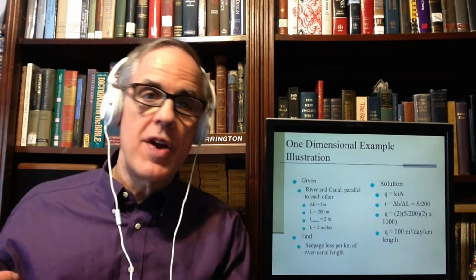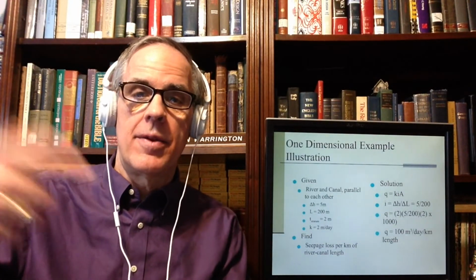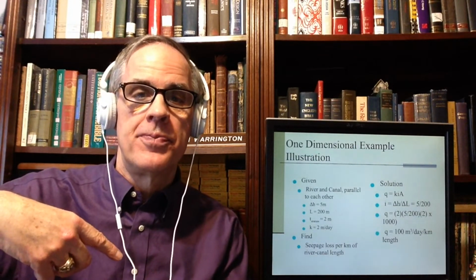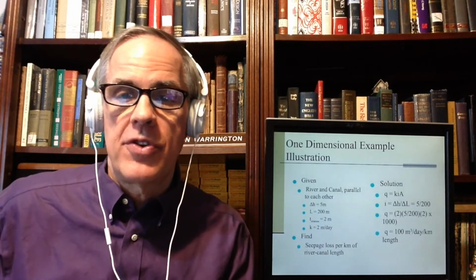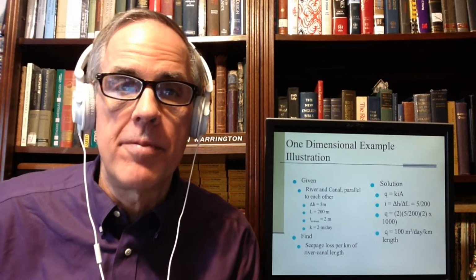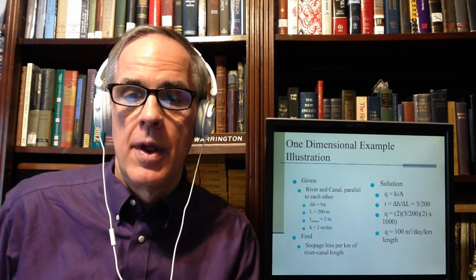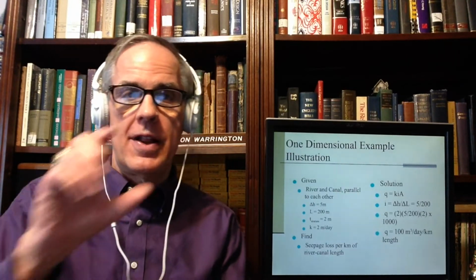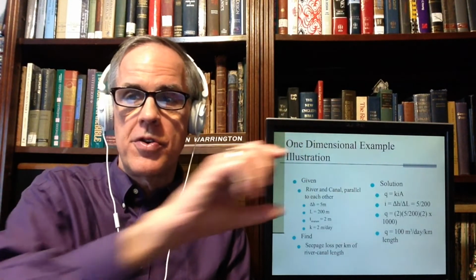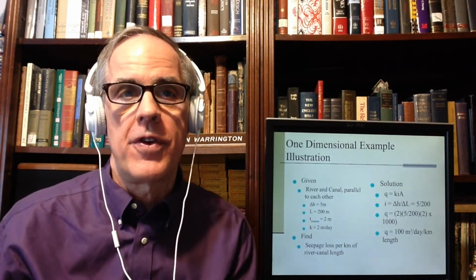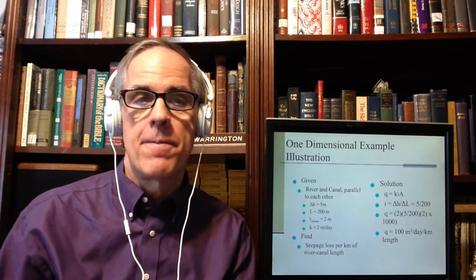The distance between the two, or the length of this channel, there's a permeable channel between the two, is 200 meters. It's a permeable channel under the ground. The thickness of that channel is 2 meters, and the K we're given, the coefficient of permeability, is 2 meters per day.